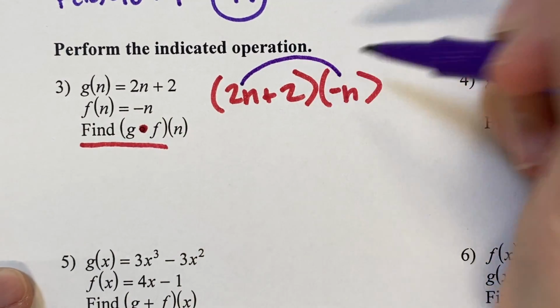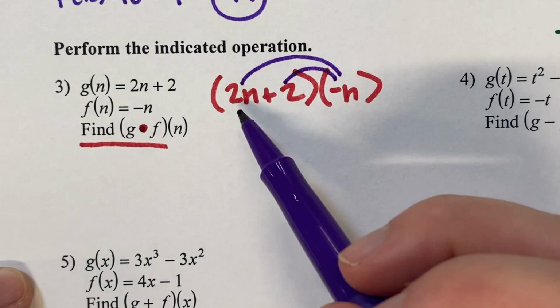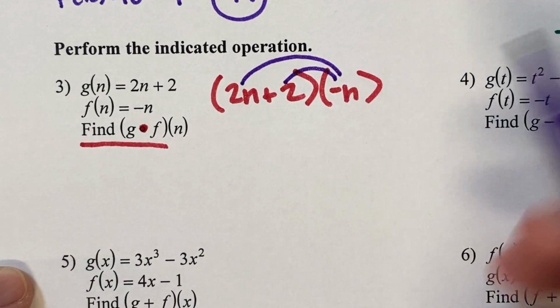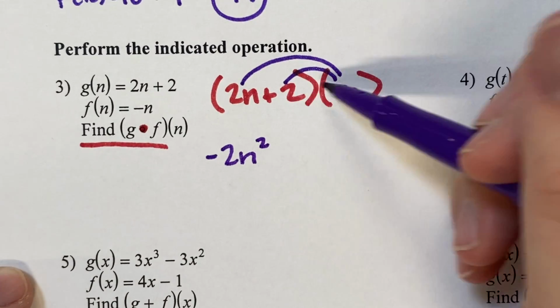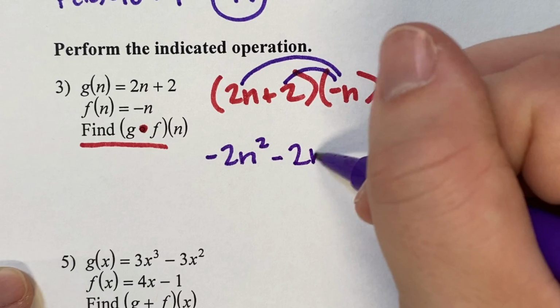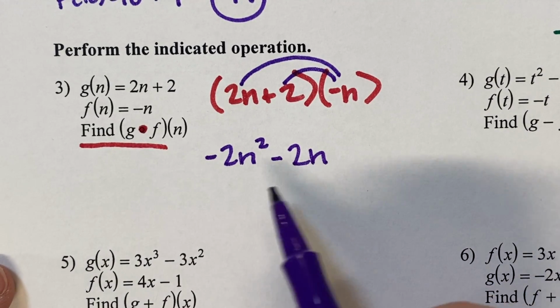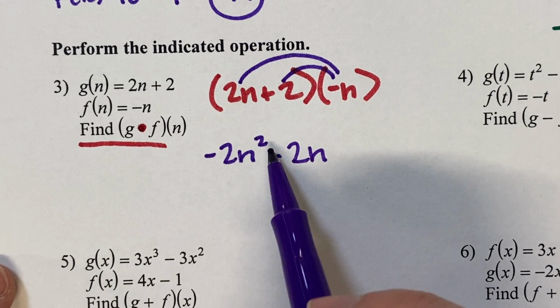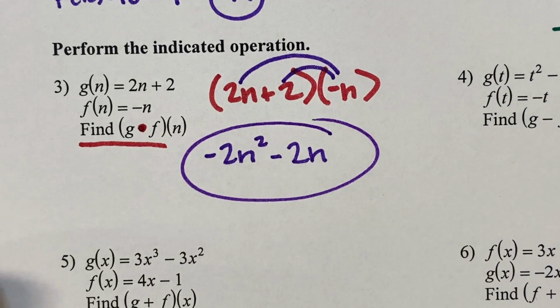So 2n has to multiply to the negative n, and 2 to the negative n. 2n times negative n gives me negative 2n squared. 2 times negative n is negative 2n. The only thing we would have to do further is see if we can combine like terms. We cannot, because n squared cannot be combined with just n to the first power. So that is our answer.